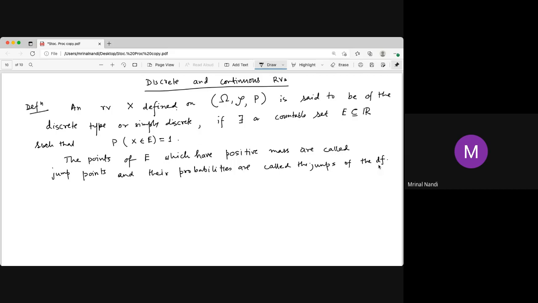So just by looking at the distribution function, we can say whether it is countably infinite discrete, finite discrete, or continuous.